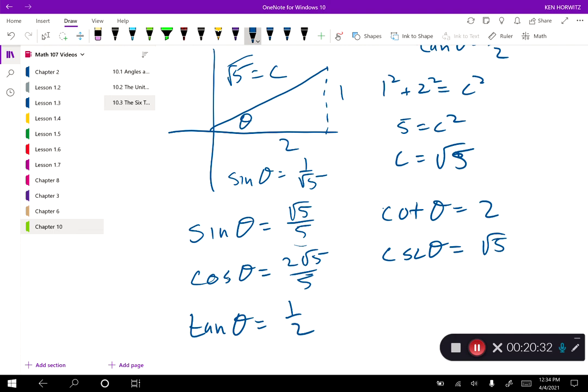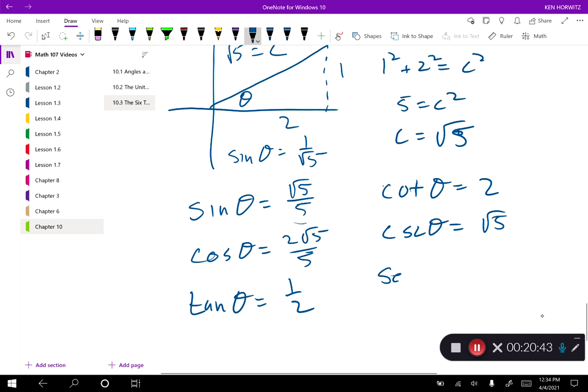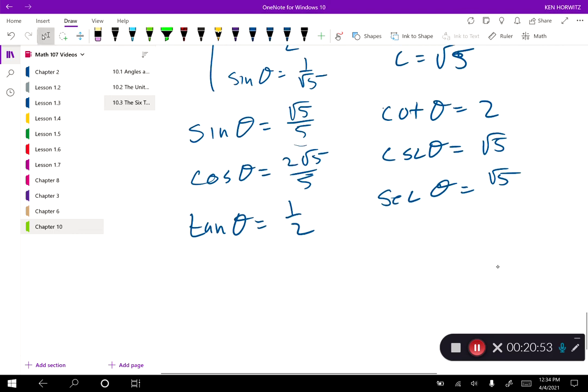And again, you can take the cosine, you can take the unrationalized version, you can take the rationalized version, and just flip it. And your final answer will be square root of 5 over 2.